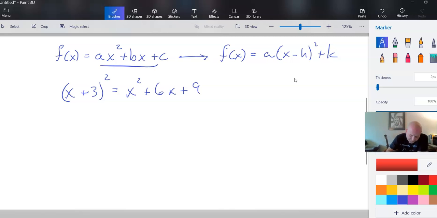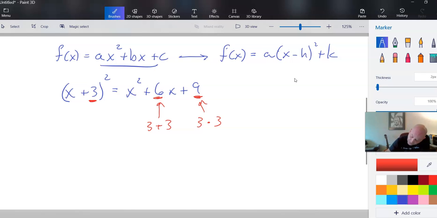Now, if we look at this, there's a relationship here between 3, 6, and 9. And it's not just going up by 2s. I want to point this out because this is going to happen every single time. 6 is this 3 plus itself. 9 is 3 times itself.